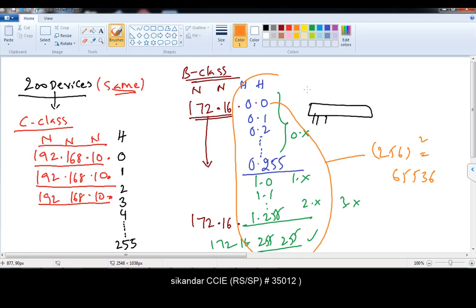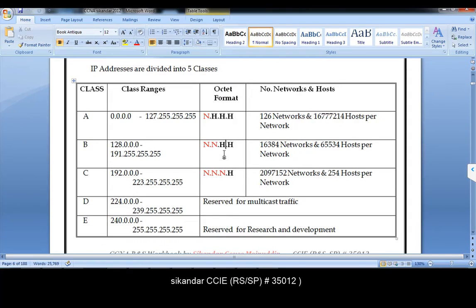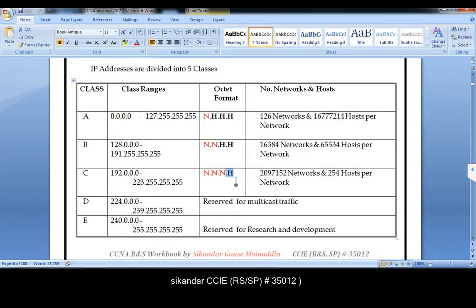So this is the main reason for classification: to meet different size requirements, they made multiple classes, and the number of host portions varies. Here there is only one host portion, which represents only 8 bits, so we can only change this one portion. 2 to the power of 8, 256, is the size of the network.